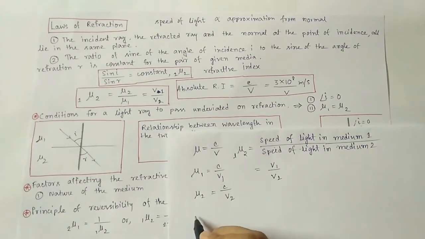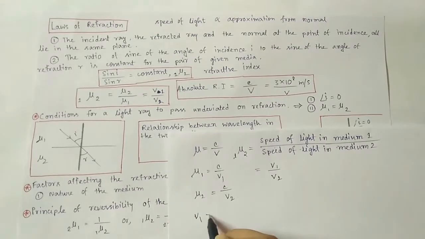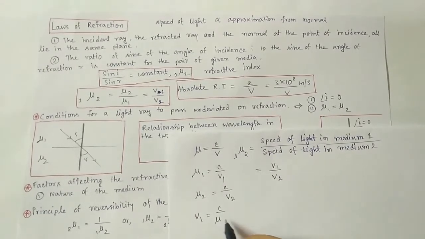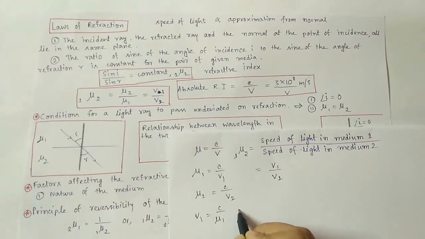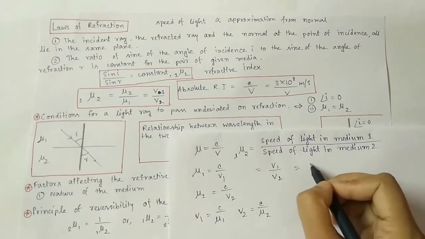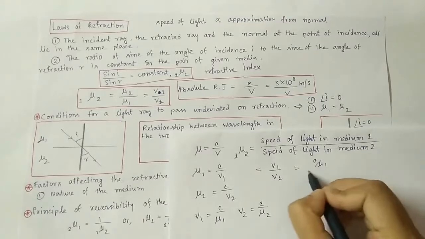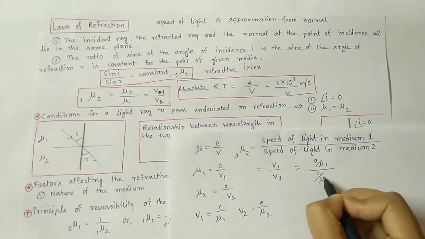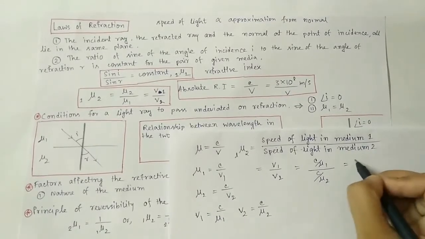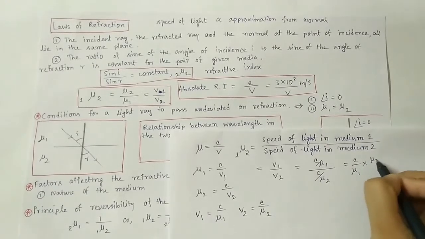Now from here we can say that V1 is equal to c by mu1 and V2 is equal to c by mu2. So if we put the values over here, we get (c by mu1) by (c by mu2), which is c by mu1 into mu2 by c.